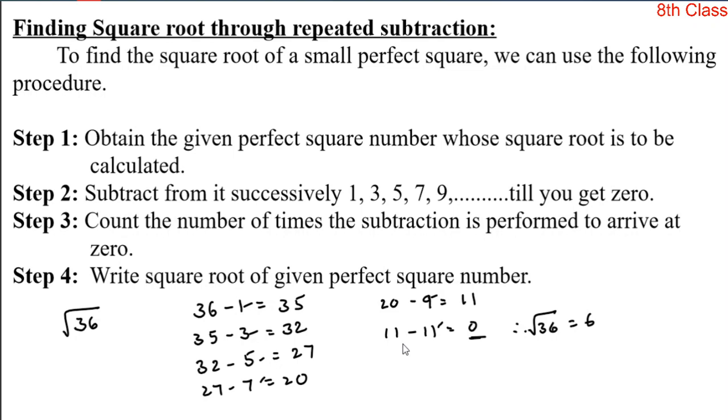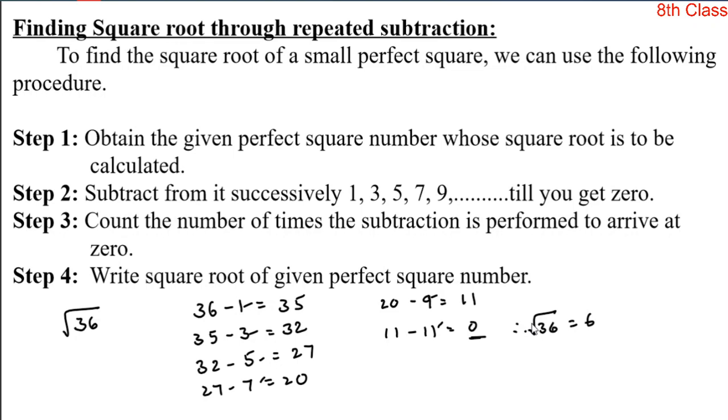That's why we do not follow this method for large numbers. If the given numbers are small, then you can follow it like this: subtract successively 1, 3, 5, 7, which are all odd natural numbers, till you get 0. The number of times you subtract is taken as the square root of the given number.